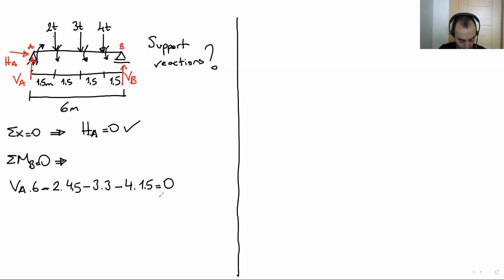So if we do this calculation, let me check the A. We have only one unknown. Vertical A is 4 ton. Okay, let's write the equation for total MB.